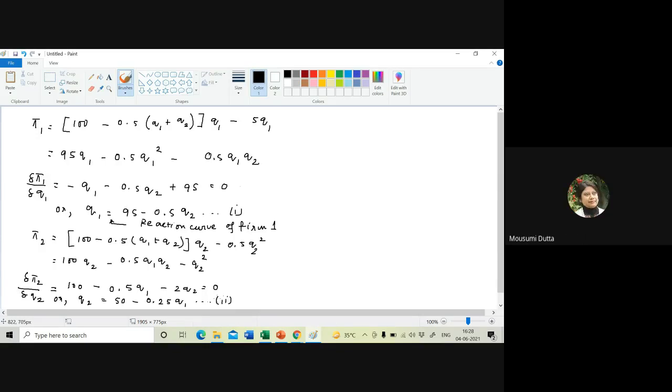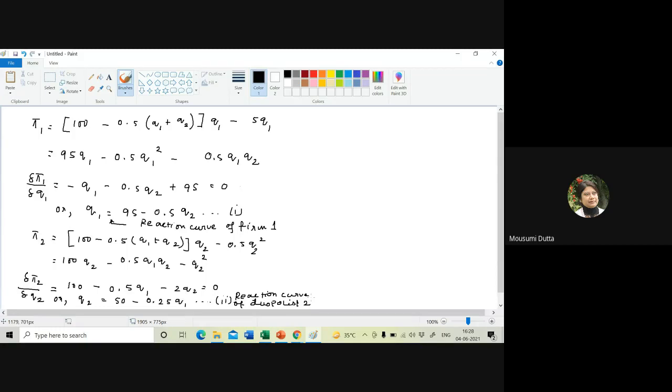Please do it on your own and check whether the values are the same for you. Yes, ma'am, they are the same. For understanding, this is the reaction curve of duopolist 2.